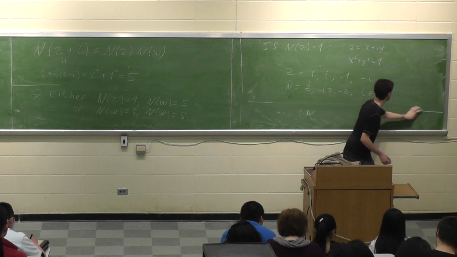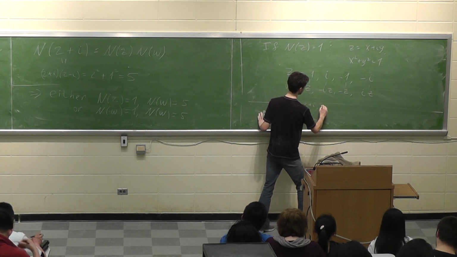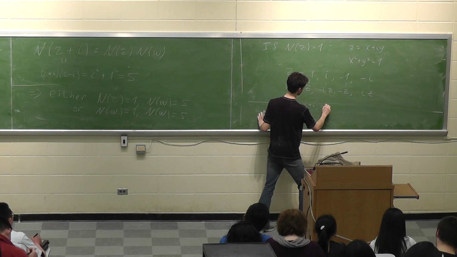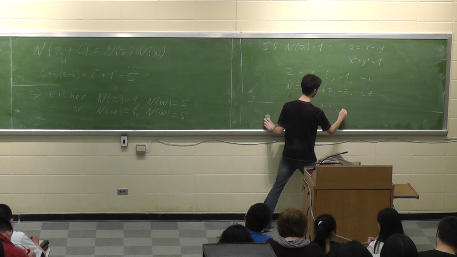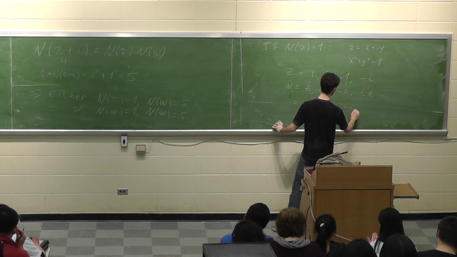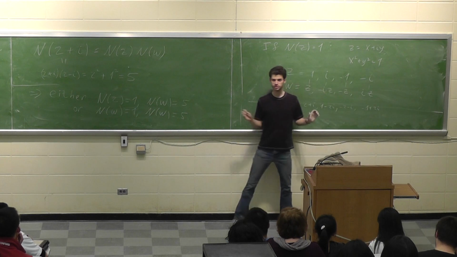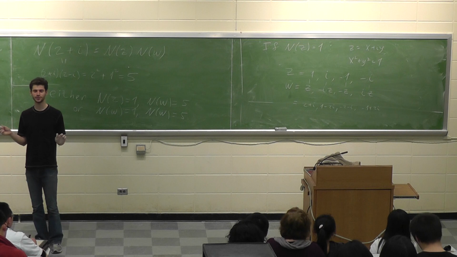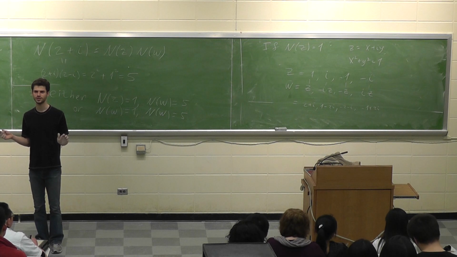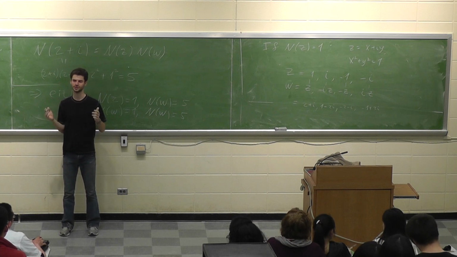So in this case, it's 2 plus i, 1 minus 2i, minus 2 minus i, and minus 1 plus 2i. So indeed we found that there are factorizations, in fact there are 8 of them. The 4 that we've written down, and another 4 in reverse order.